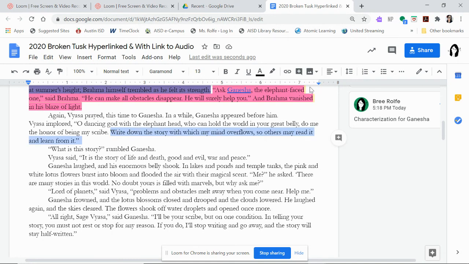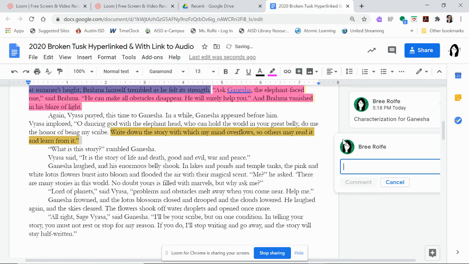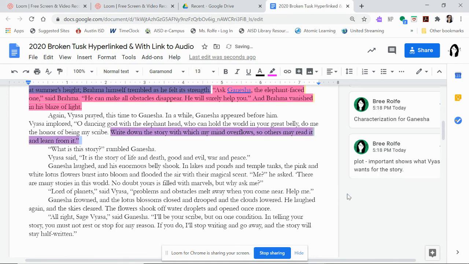And this is a good detail because it explains what he wants people to get from the story. He wants people to learn from it, and that's kind of an important detail.